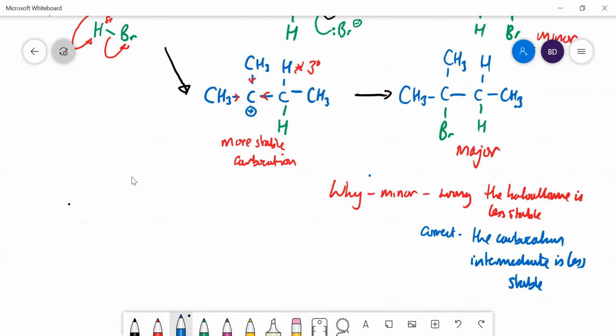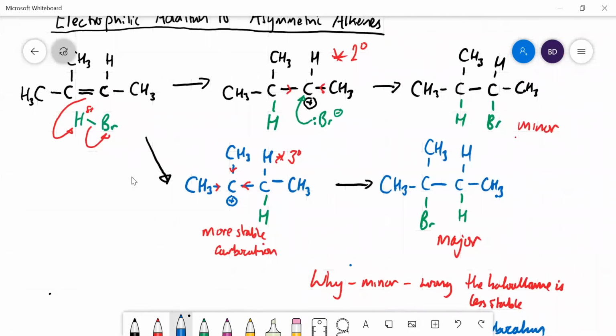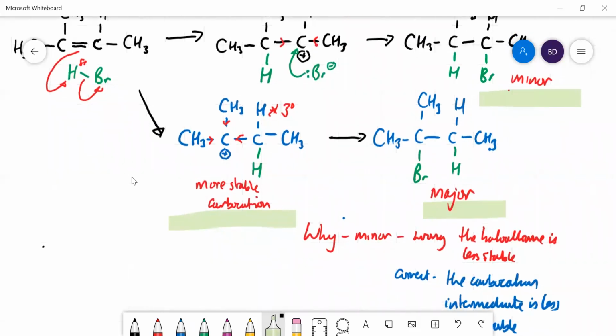So, you know, get it right. Don't make that mistake that a lot of people do. It's not these two things that have different stabilities. It's the carbocations which have different stabilities. That is the right answer. The one in blue, not the one in red.